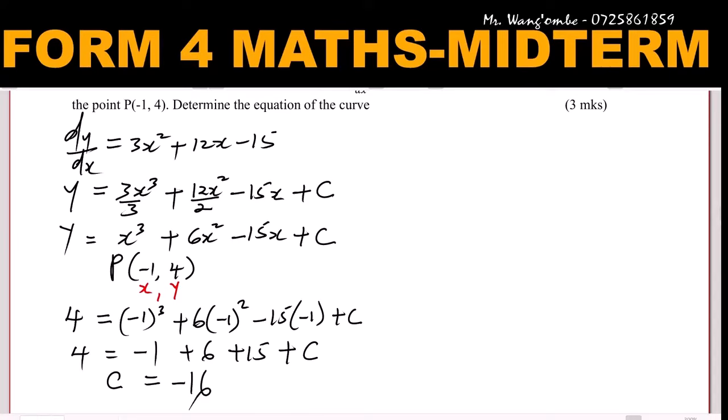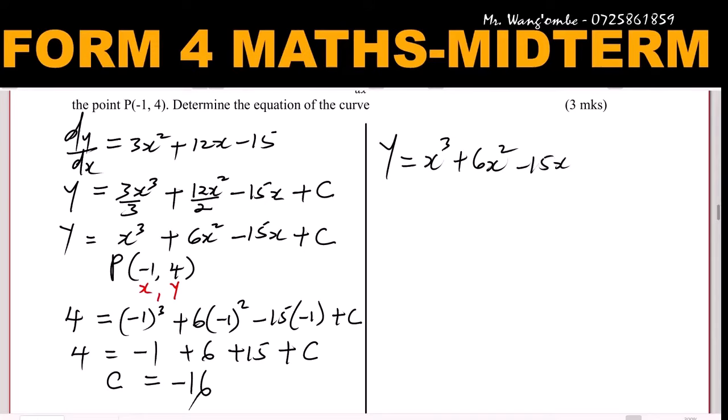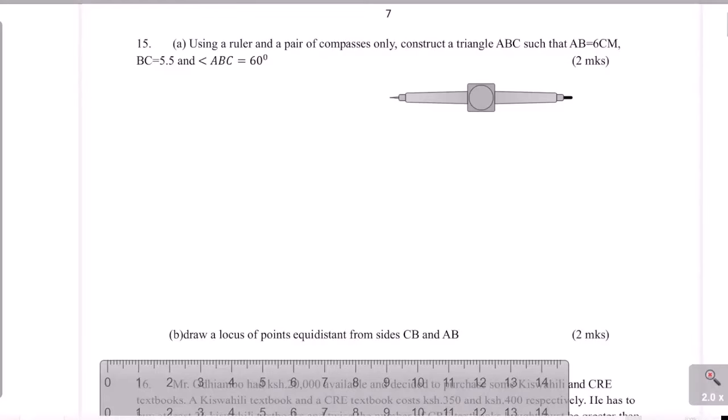So the constant of integration is negative 16. Now we can get the function. So y is equal to x cubed plus 6x squared subtract 15x, then plus the constant of integration, negative 16. So that is the equation of the curve.